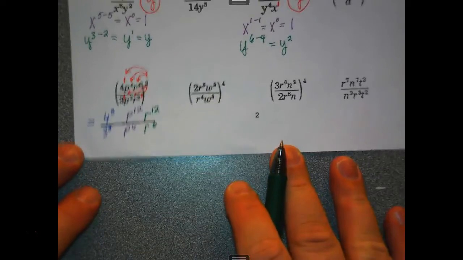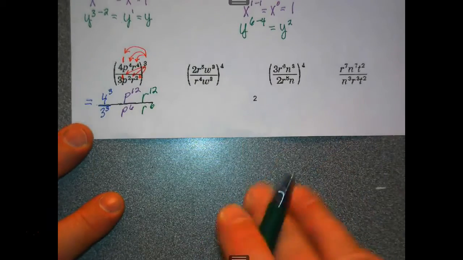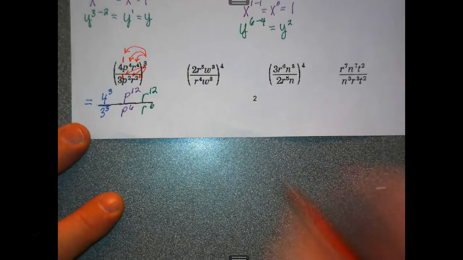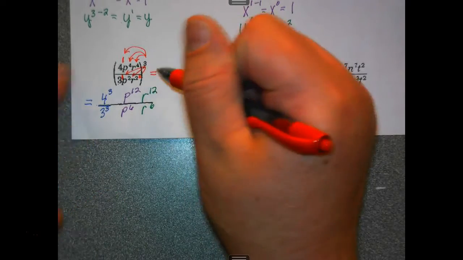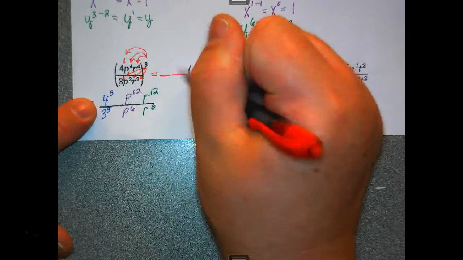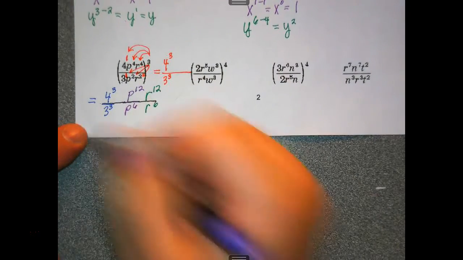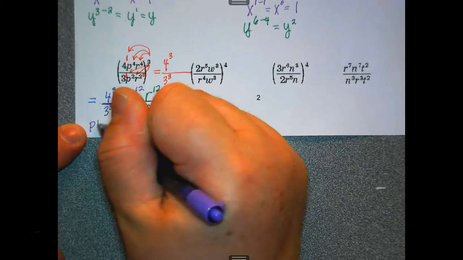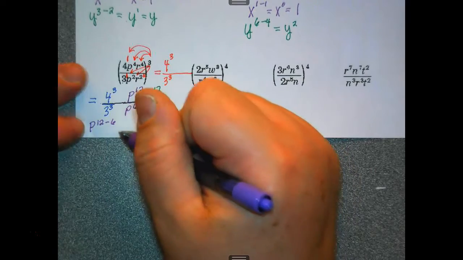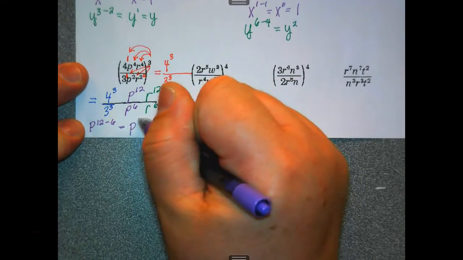Now I have to subtract the exponents, right? Numbers I'm just going to leave there. 4 cubed over 3 cubed. See, p to the 12 minus 6, p to the 6.